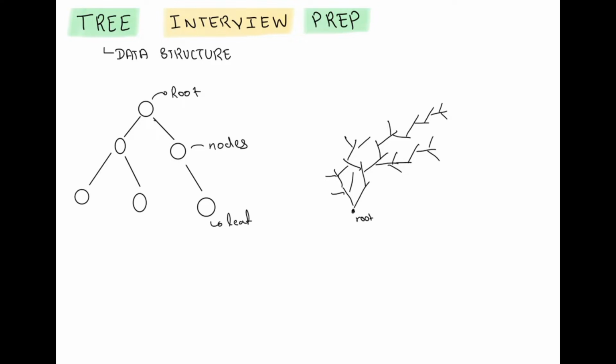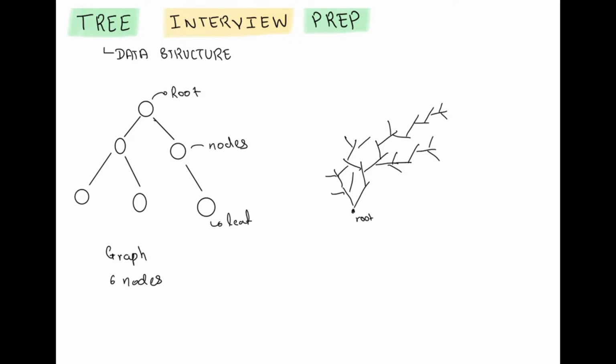So let's talk about some facts about this tree. The tree is basically a graph. So every tree is a graph, but not vice versa. Every graph is not a tree. If I were to count the number of nodes of this tree, I will say it has 1, 2, 3, 4, 5, 6 nodes, and the interconnection between the nodes is called edges.